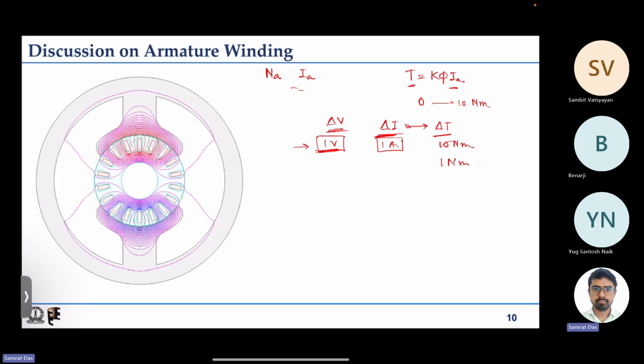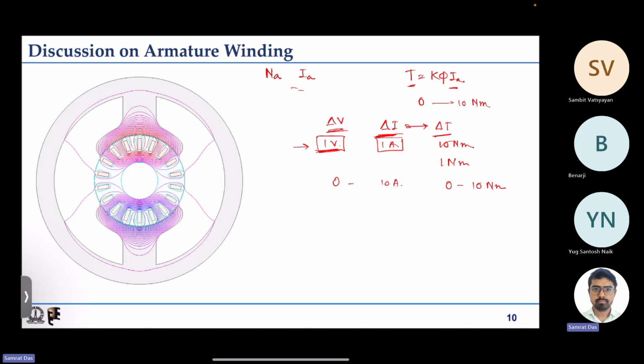That means we can change the current from 0 to 10 ampere, and vary the torque from 0 to 10 newton meter. So we can have more sensitivity, more resolution in the torque control that we want to do.